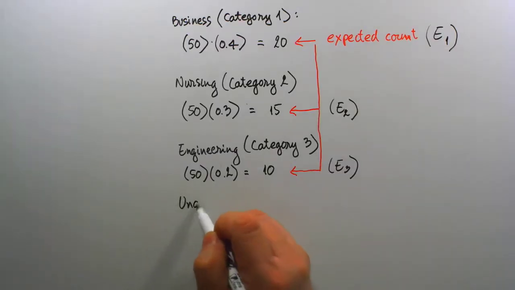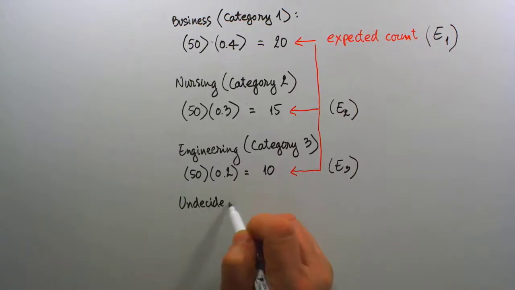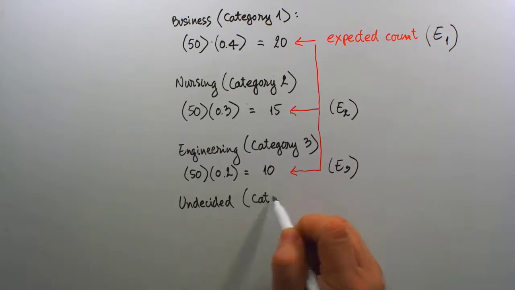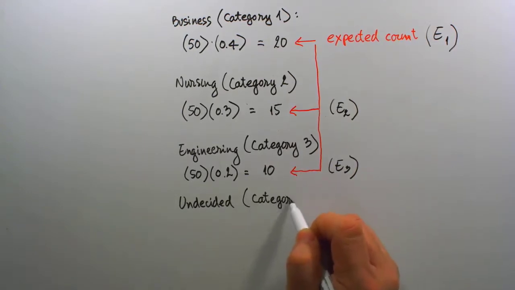For undecided major, and we can now refer to this as category 4.